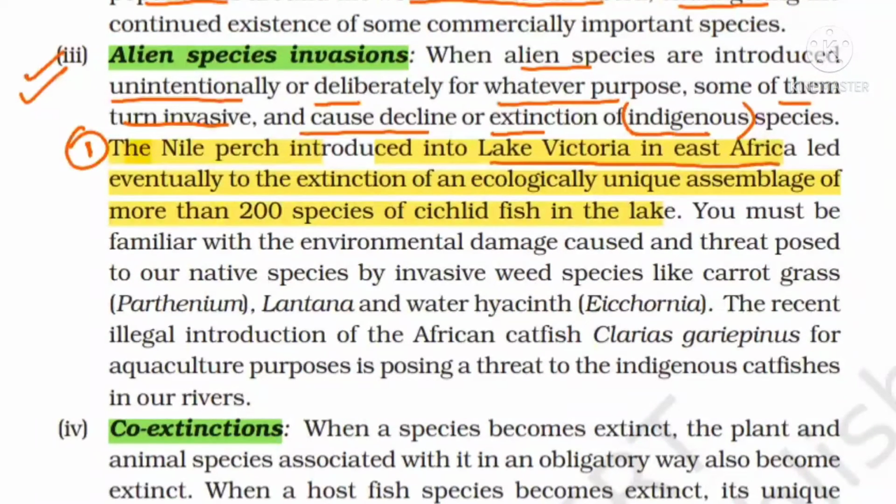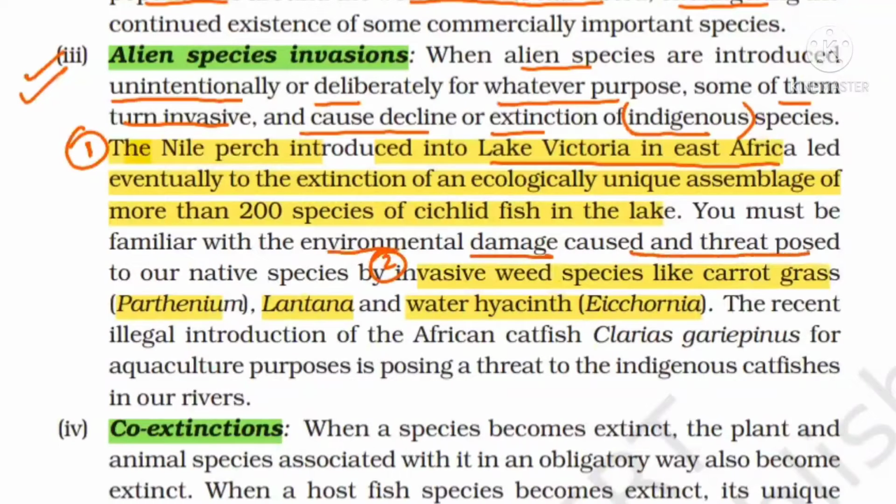Now, the second example. Invasive weeds, for example carrot grass, parthenium, lantana, and water hyacinth, Eichhornia, have turned into a big threat to our native species. They are actually causing damage to the environment.